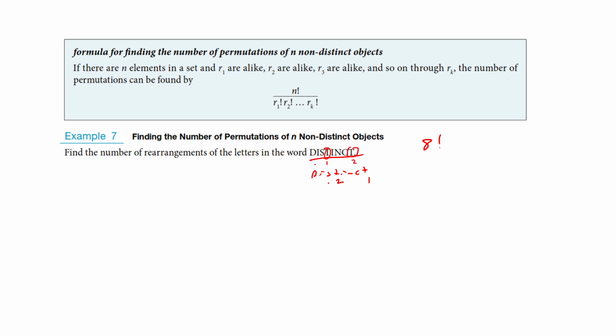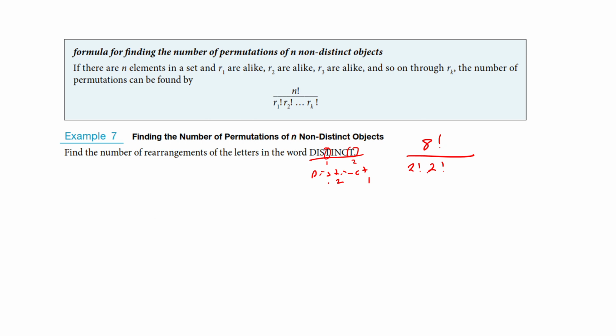And so whenever I have a repeat, I'm going to divide away the possibilities. There were 2 T's. Well, that means 2 factorial ways to arrange the T's, but they're repeats, so I'm going to divide those away. Now, the letter I's. There are also 2 I's, and they repeat, so there are 2 factorial ways to arrange them, but they're not creating unique words because they're interchangeable.